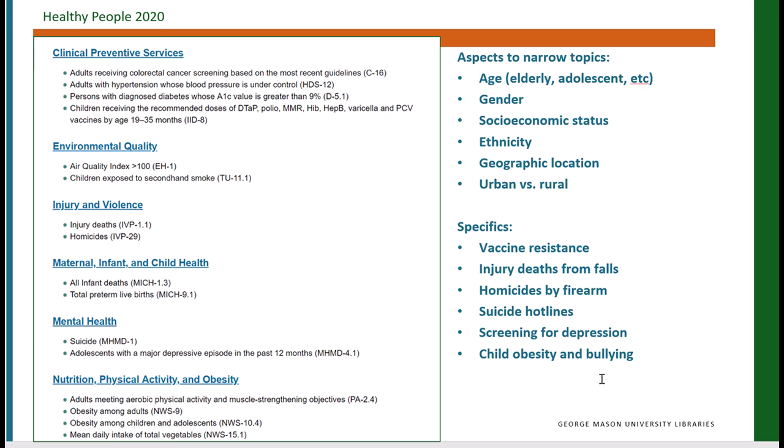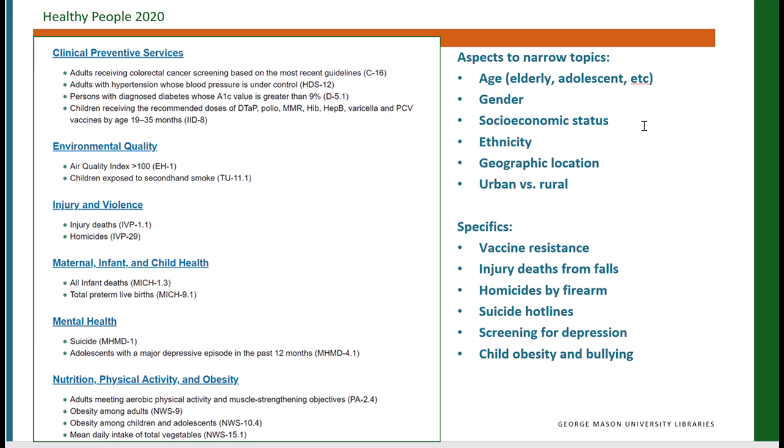Another way to do it is to use particular aspects to narrow your topics. You can always add an age. So let's say we're looking at falls in the elderly, or we're looking at suicide prevention in the adolescent. You could also limit by gender, male, female.